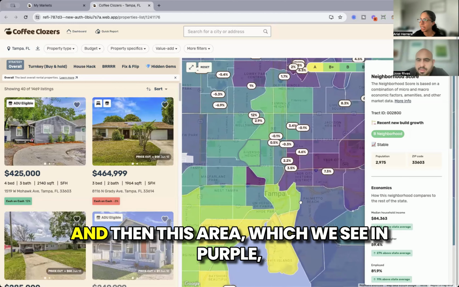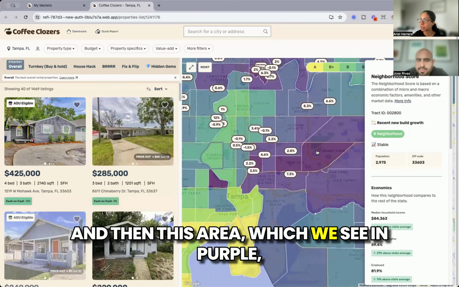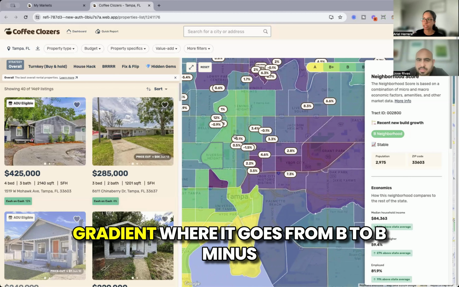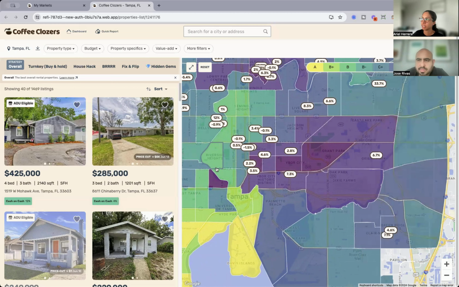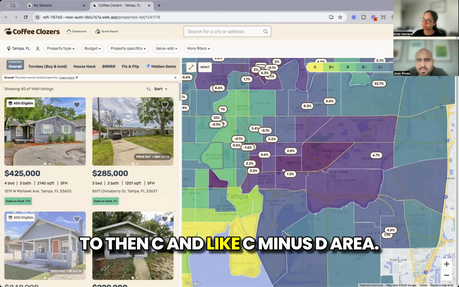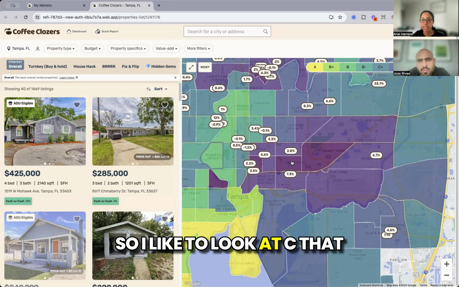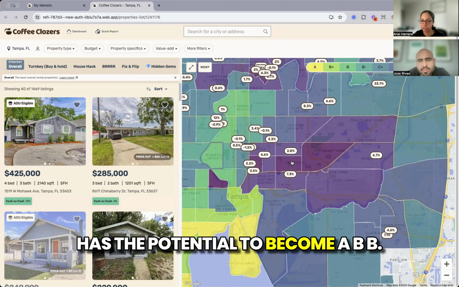And then this area, which we see in purple, what's really interesting is that we could see this gradient where it goes from B to B minus to then C and C minus D area. So for investors, I'll start off with myself. I like to look at C plus that has the potential to become a B plus.